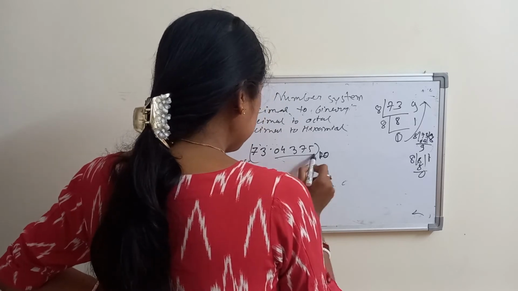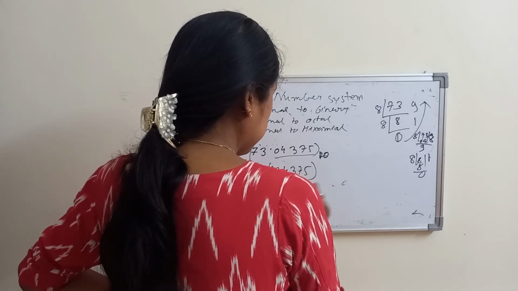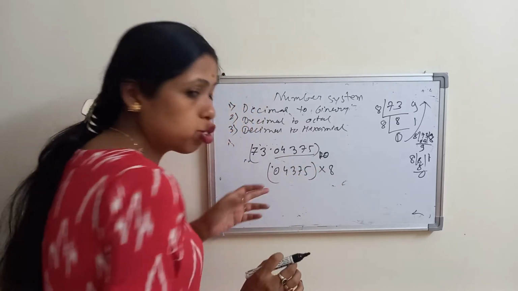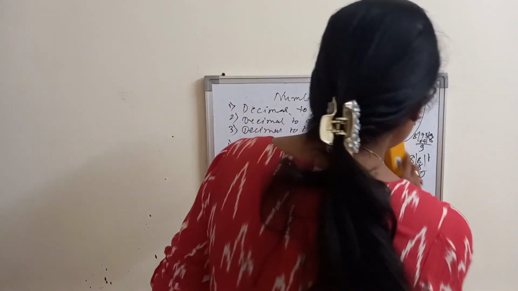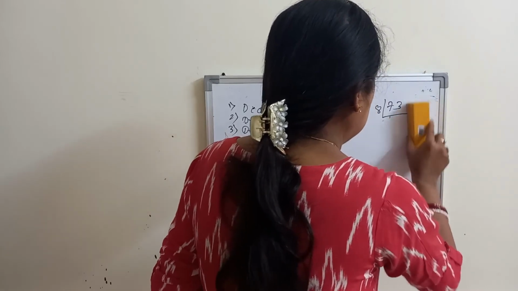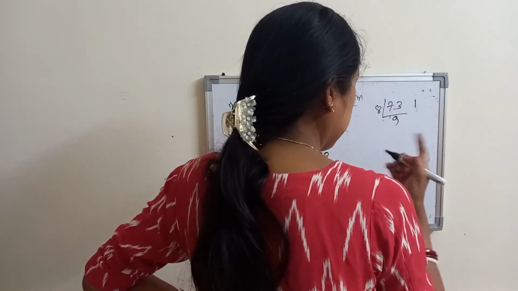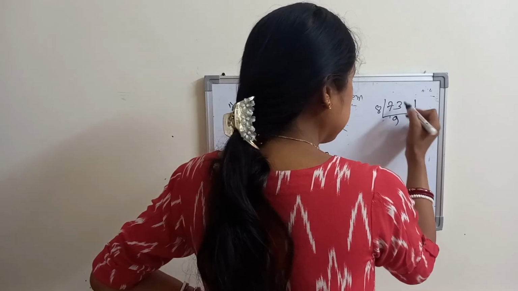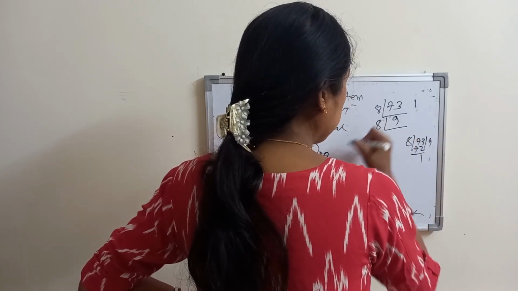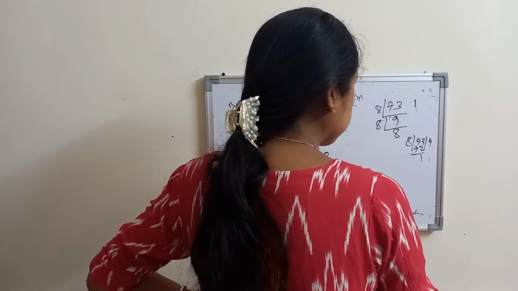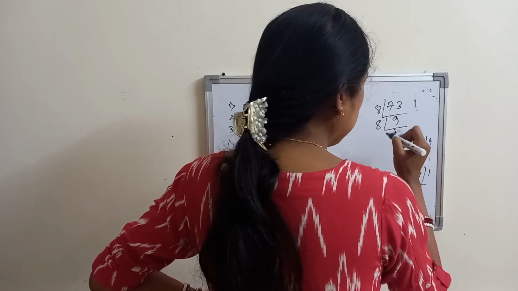In the case of the number 0.04375, this fraction should be multiplied by 8, not divided. For the integer part, 8 times 9 is 72, so if you divide 73 by 8, you get remainder 1. Again dividing 9 by 8 gives quotient 1 and remainder 1.